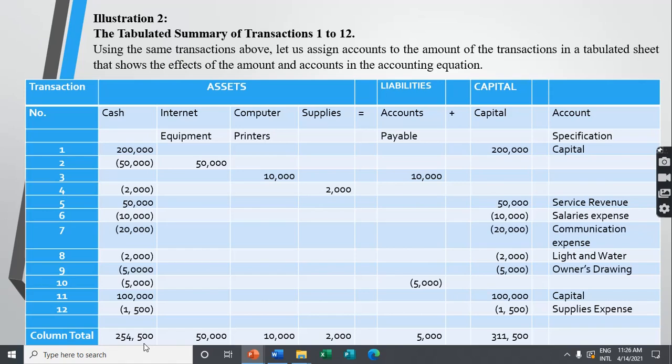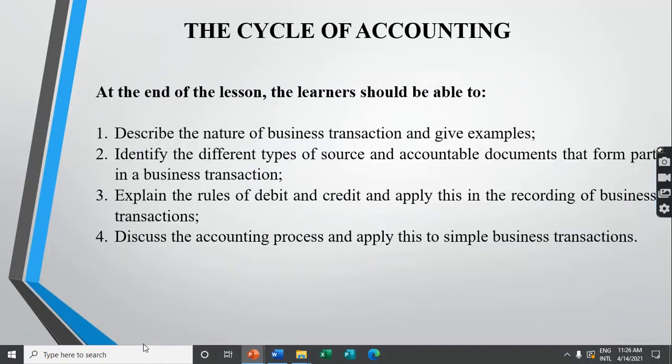So, tama yung ginawa nating computation and tama yung ginawa nating pag-summarize ng transactions natin. Okay? So, that is your accounting equation. So, ang next na papag-aralan natin sa lesson 9 is we have the cycle of accounting.